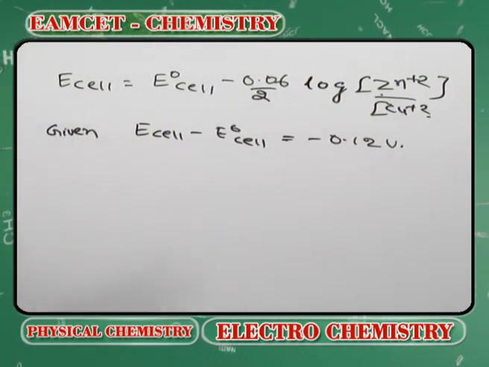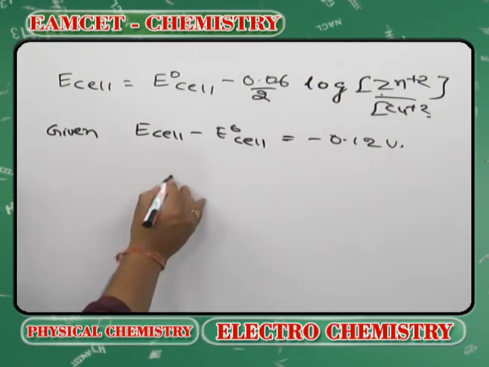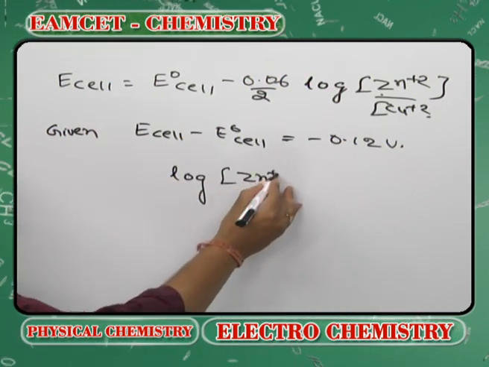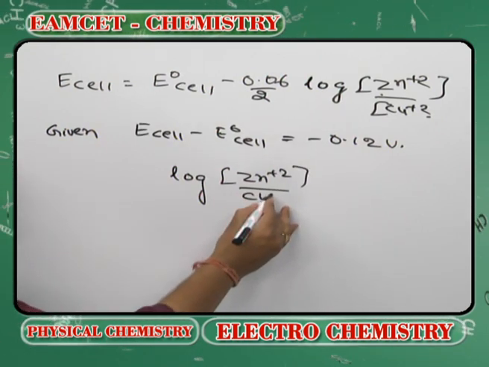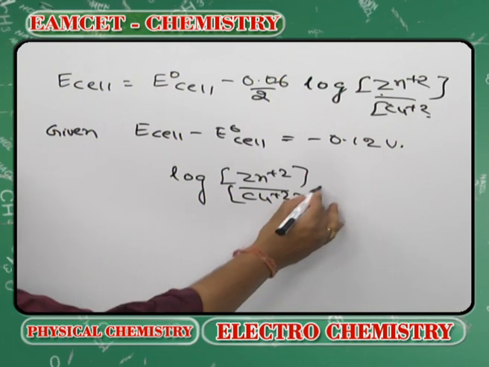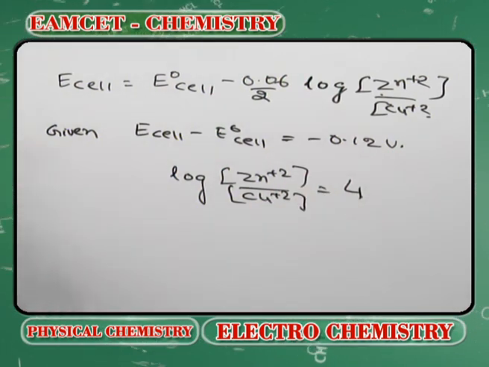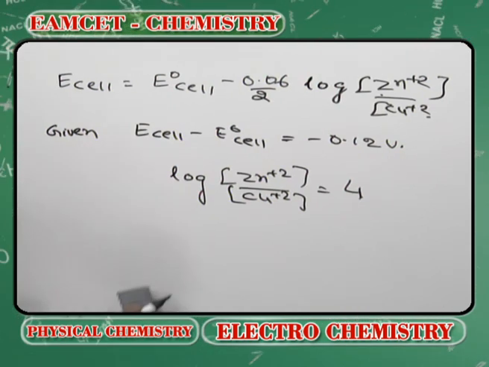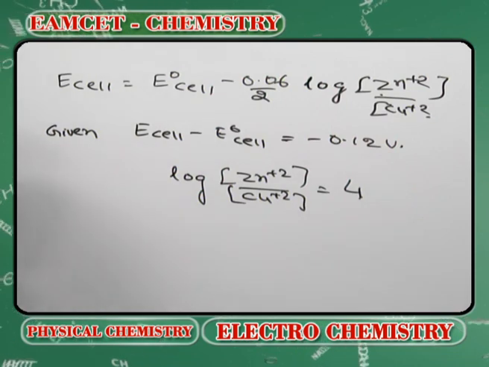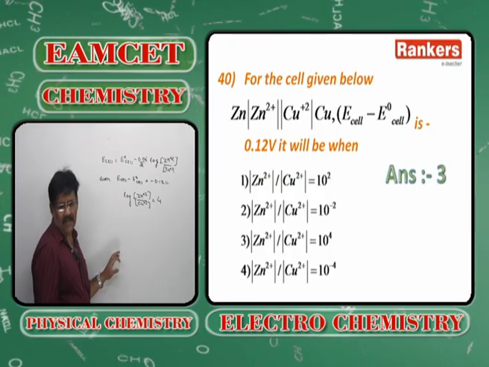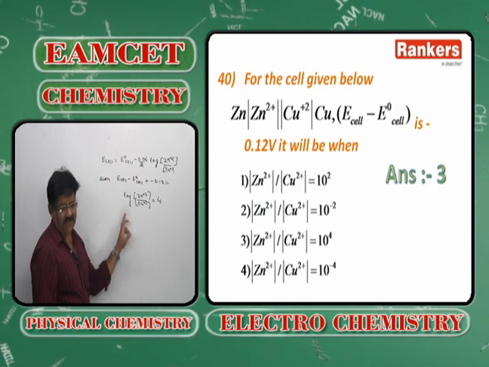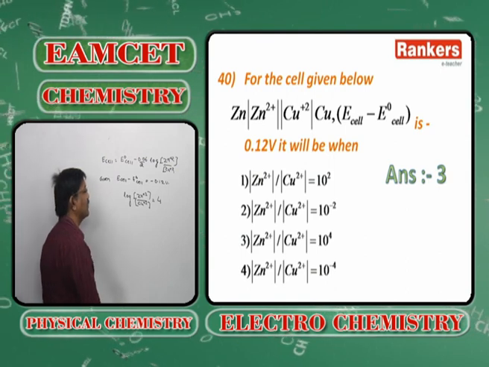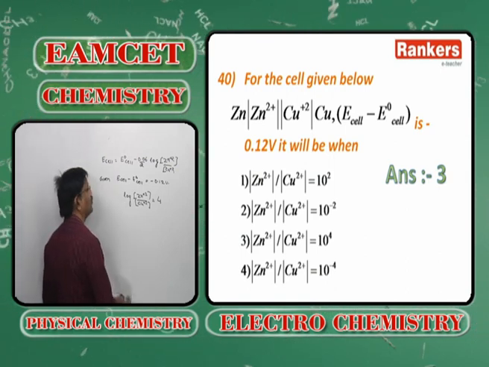This can happen when log of Zn plus 2 by Cu plus 2 happens to be 4. The value must be equated to 4. That can happen in option 3, when Zn plus 2 concentration by Cu plus 2 concentration is equal to 10 to the power 4.